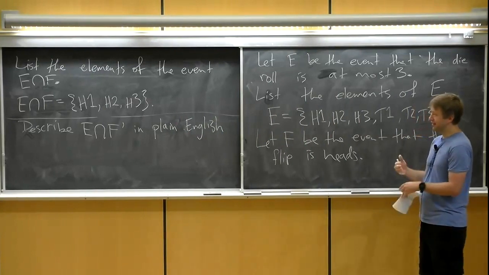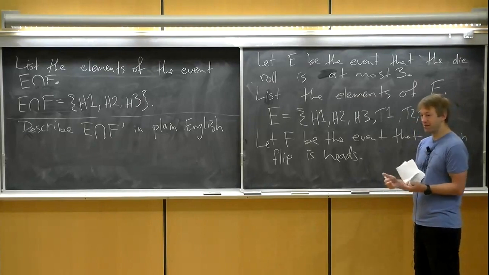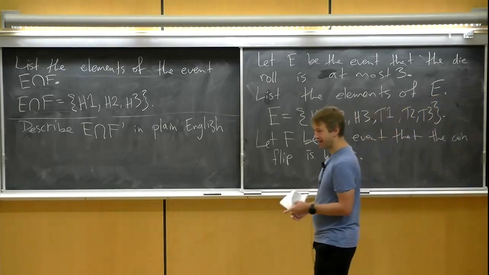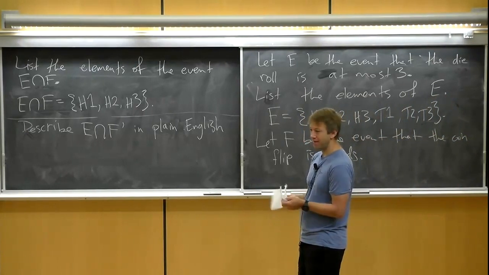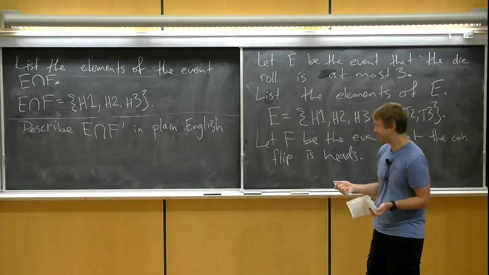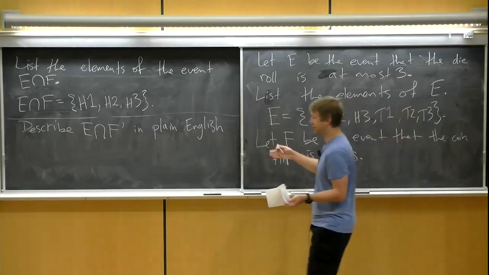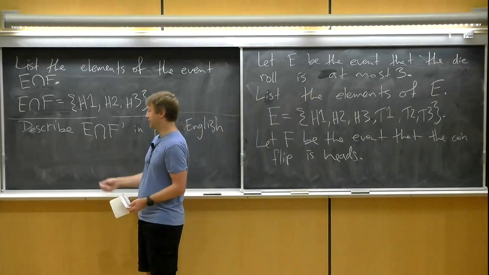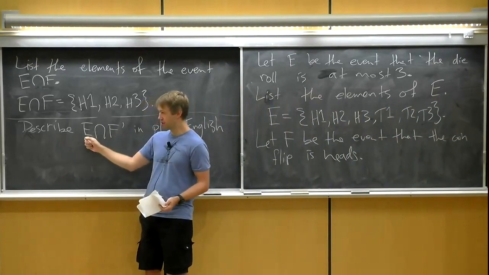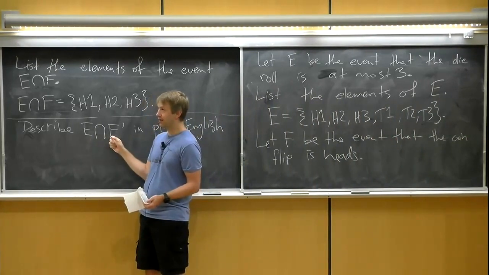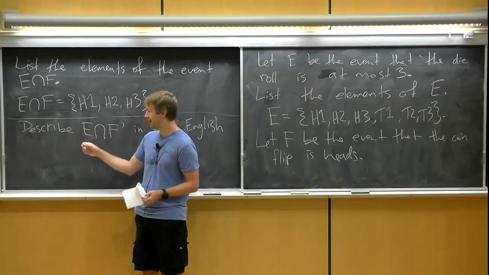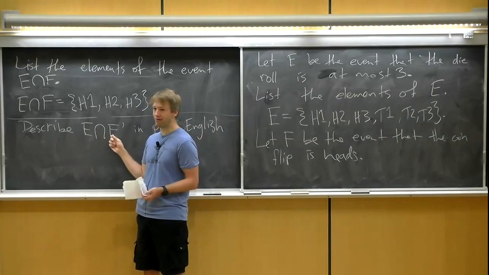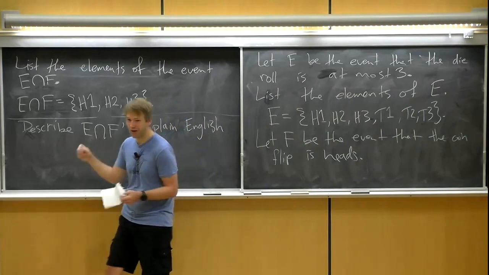There's a million ways to say it. You could say the die roll is at most 3 and the coin is not heads, or, because not heads just means tails, the die roll is at most 3 and the coin flip is tails.